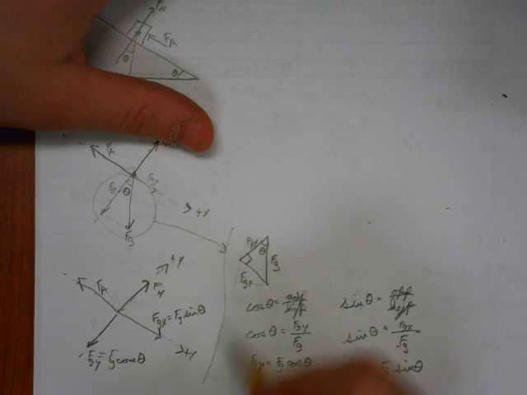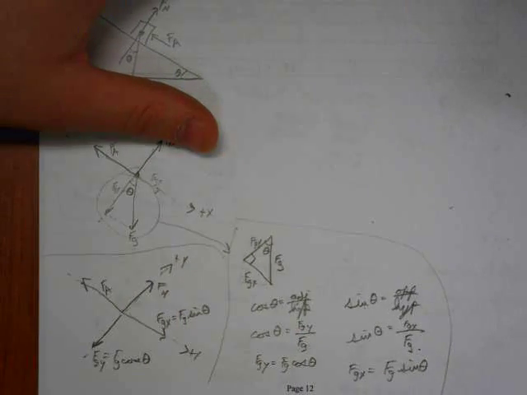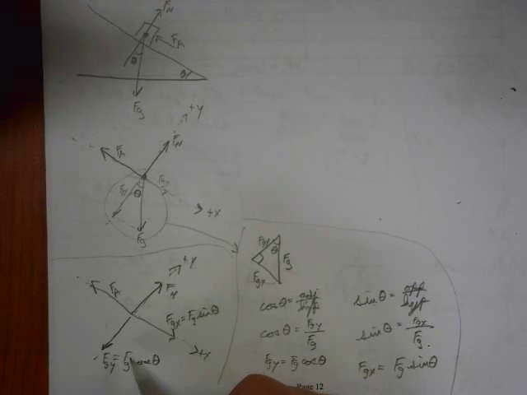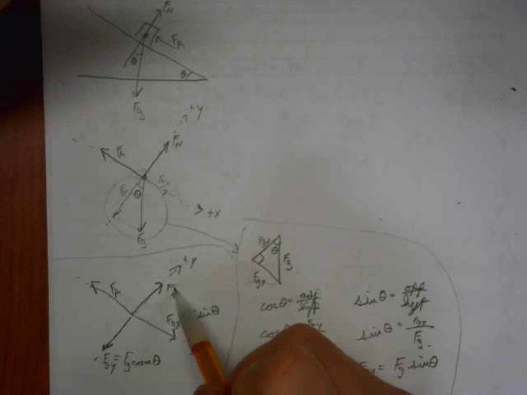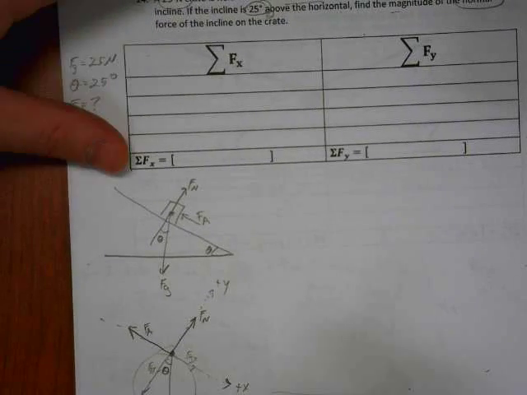And I'll just kind of box this out so it doesn't get mixed up with anything else. So now we just have four vectors that need to be added: FGY, FGX, and FA. So I'll go back to my chart here.